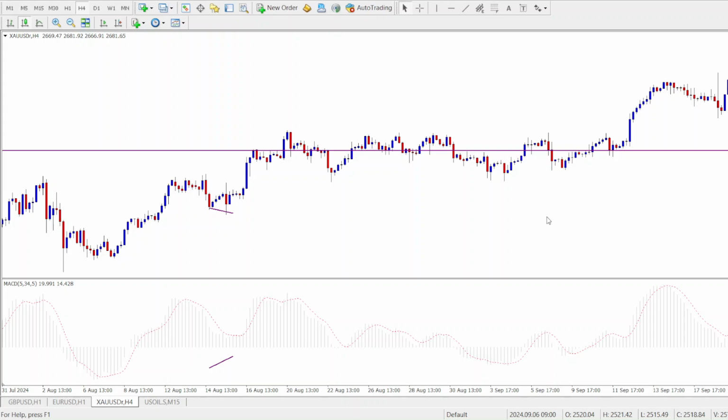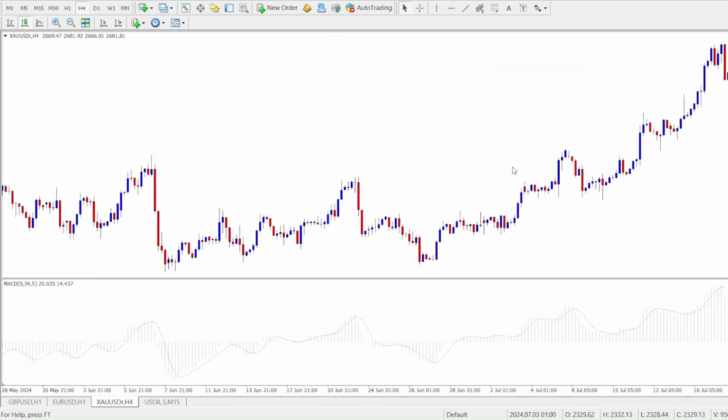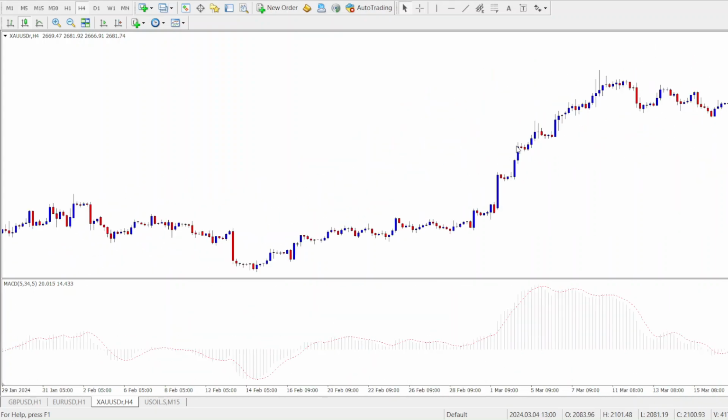So it allows you to stay in the trade and avoid getting shaken out. Okay. Now, that's basically how the divergence works. You can use it as an additional tool in your strategy. You might not always find the divergence show up on the chart, but whenever they do, they can be really effective.